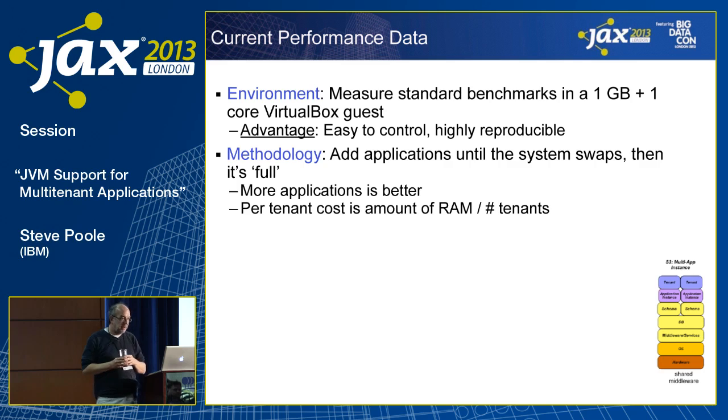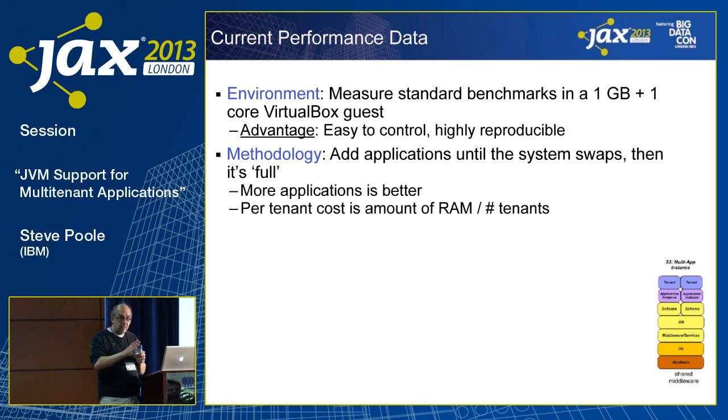So you run some standard benchmarks. We've got here a 1-core, 1 GB VirtualBox setup, okay? And we basically run Java applications. We have this benchmark application. How many of those can we run until it swaps? The more you can get, the better we're doing.